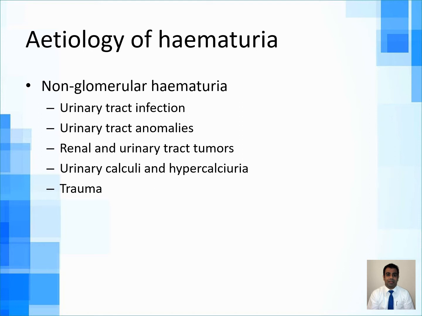So these are all important to determine in your history. And certain vascular abnormalities of the urinary tract, like hemangiomas in the bladder and in other areas, can cause hematuria. And hematological disorders, especially the bleeding disorders, again can present with hematuria.